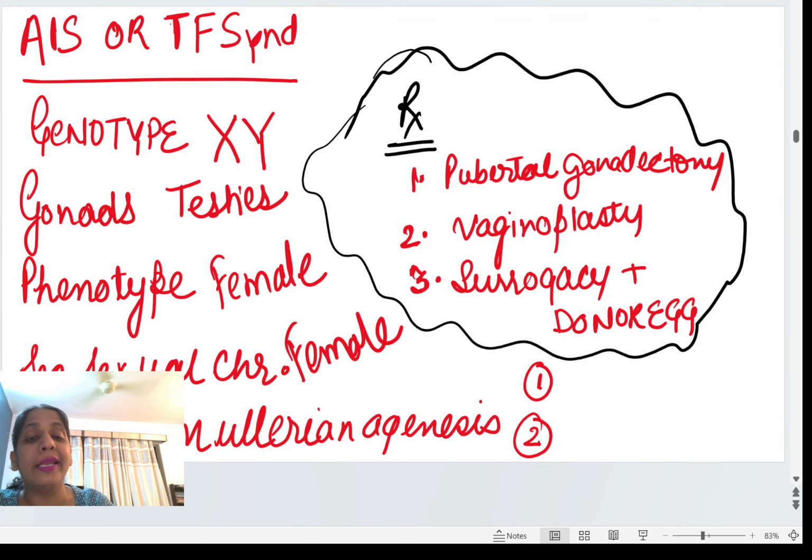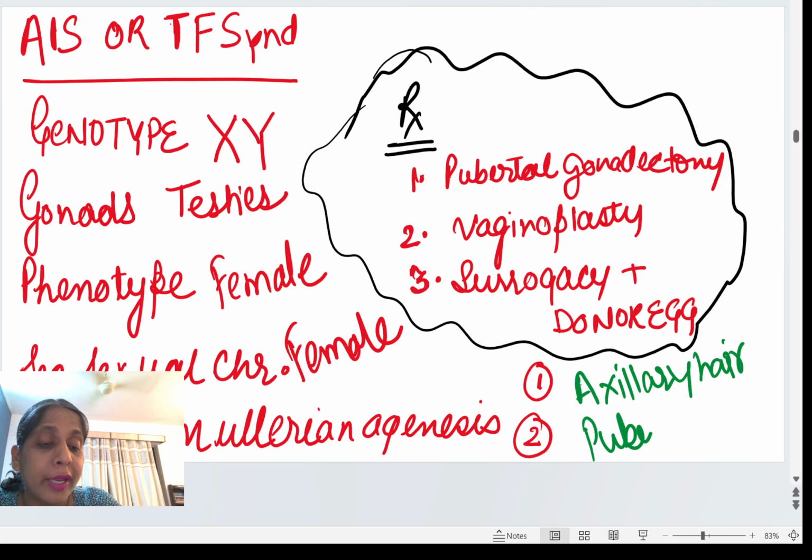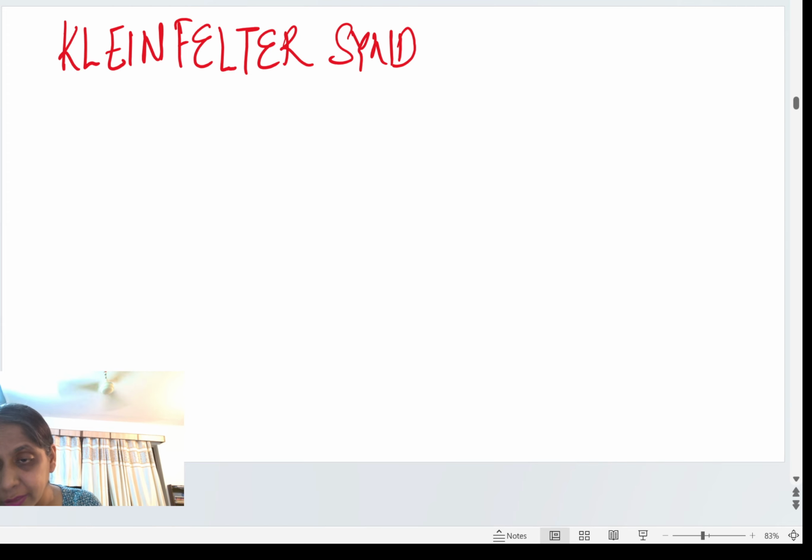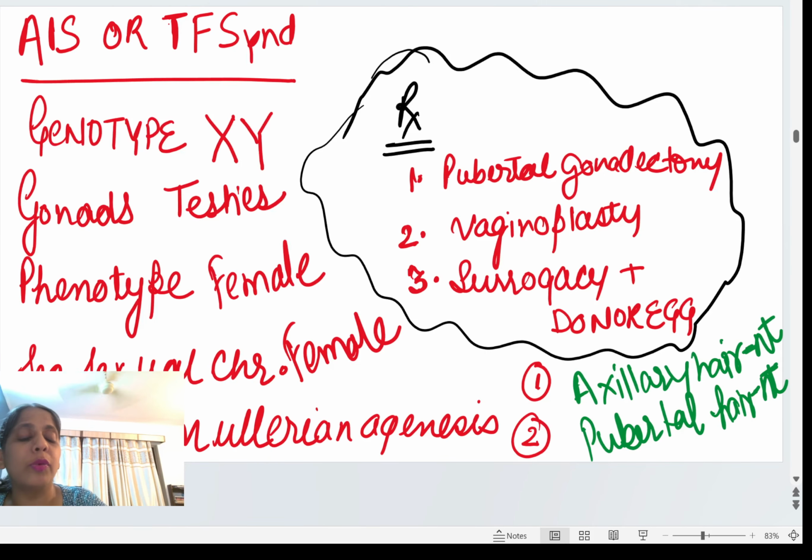All pubertal females have axillary hair and pubic hair, but here the androgen receptors are not working in the whole body. So in testicular feminizing syndrome or androgen insensitivity syndrome, the axillary and pubic hair will be absent. The one written in green color is very important.